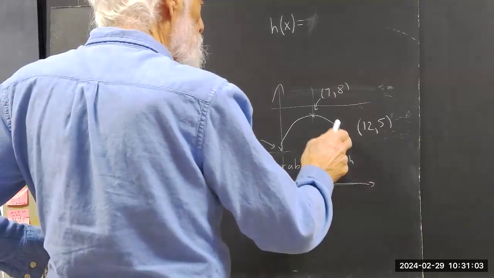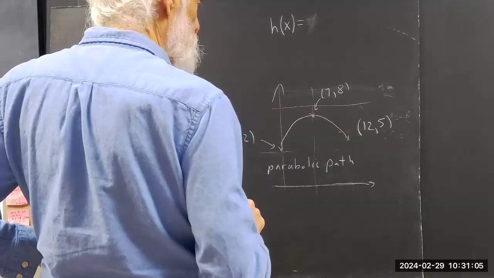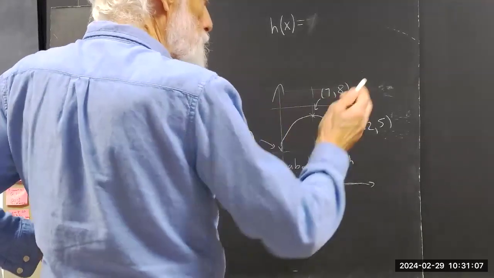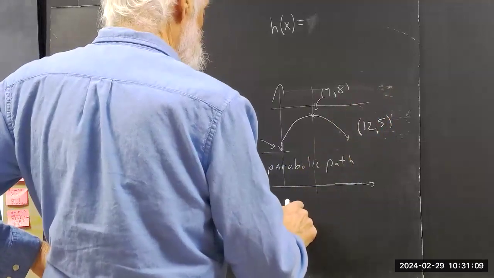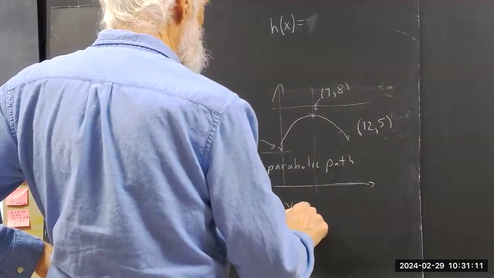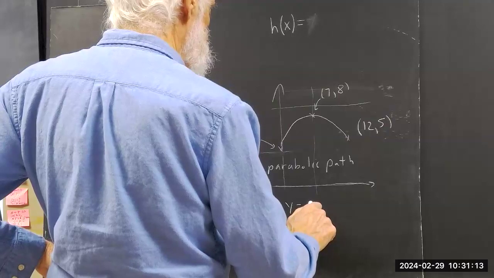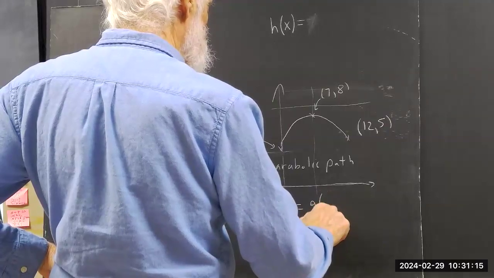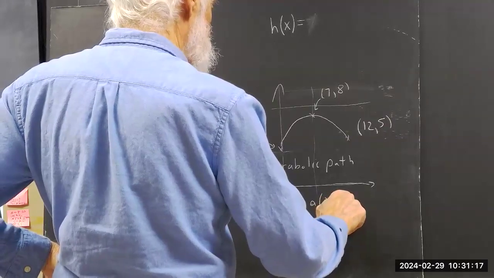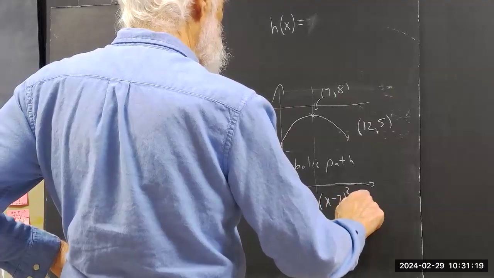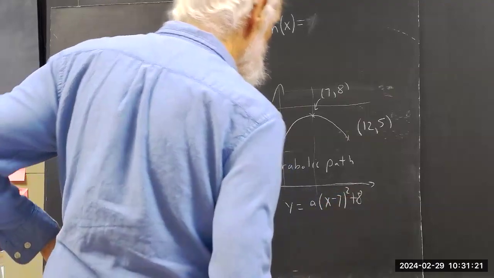So start at 12.5, go up to the vertex at 7.8. Now I can write down what my equation would be. It would be y equals a times x minus 7 squared plus 8.